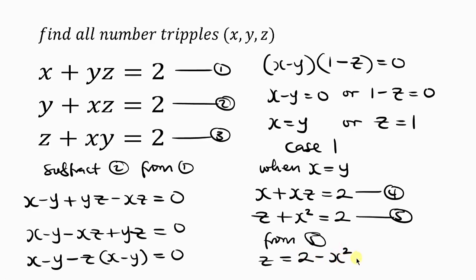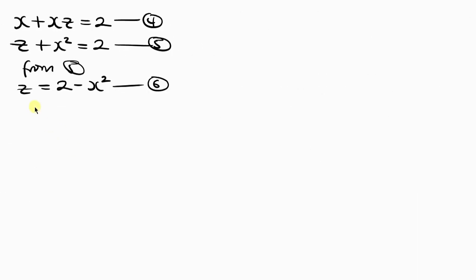So we're going to be moving this, which is, let's call it equation 6, and put it into this equation, which is equation 4. So let's do that real quick. So substituting z equal to 2 minus x squared in equation 4, we're going to be getting x plus x. Now look at z.